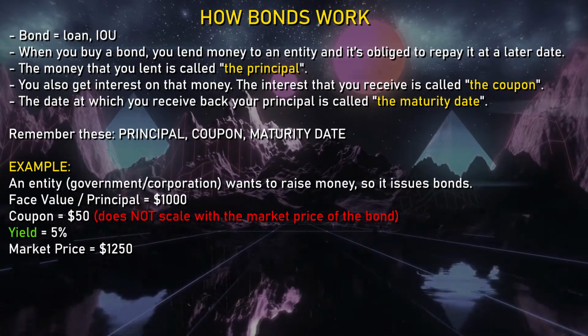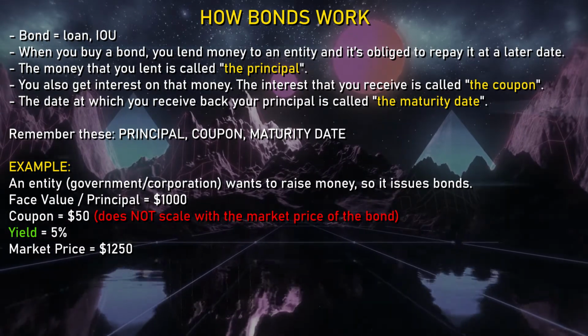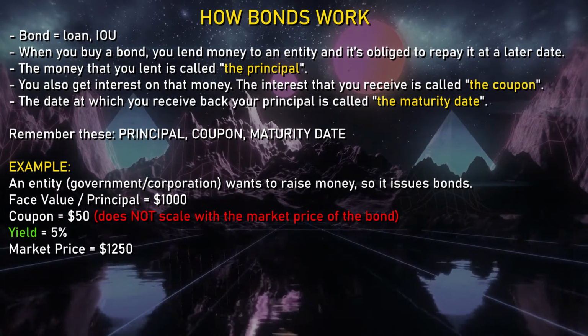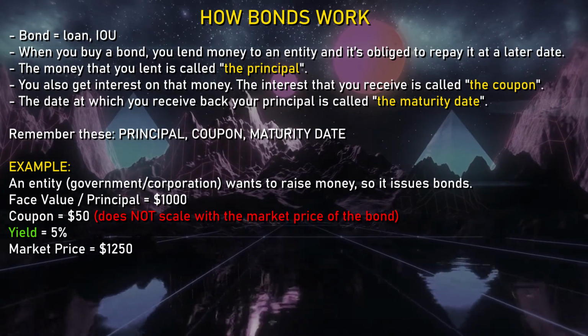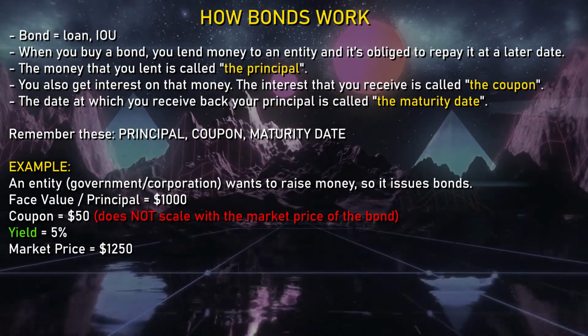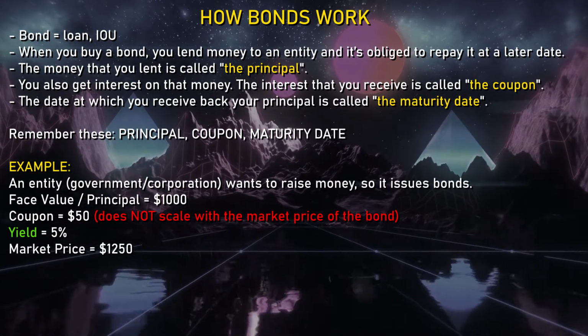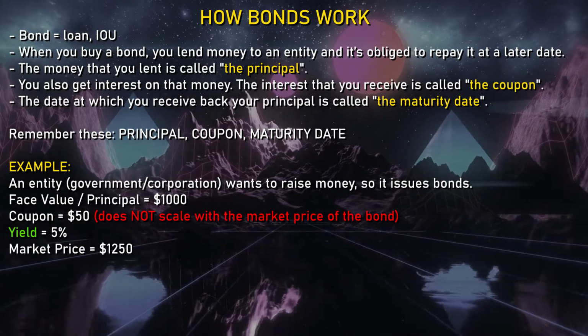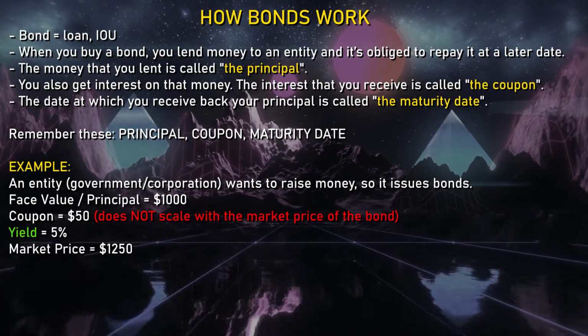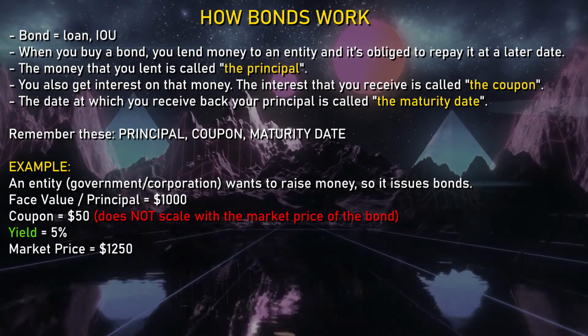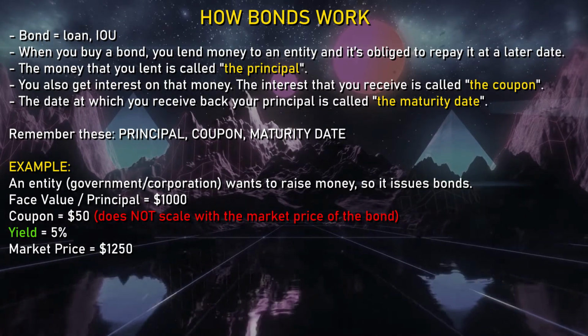The coupon is still $50 because it was determined when the bond was issued, and it was determined based on a percentage of its face value. It's not the government's problem at what price people decide to trade them afterwards. They could be trading at $5,000 and the coupon would still be $50 in this case. This is why bonds are called fixed income instruments.